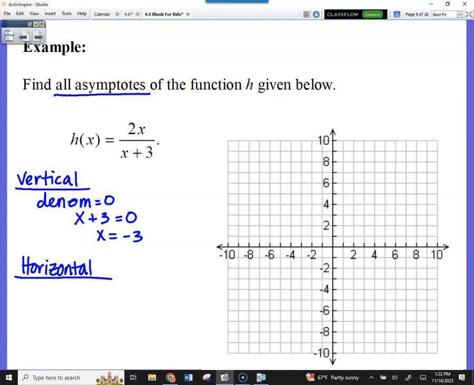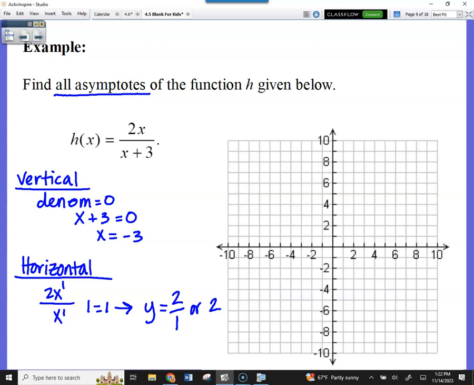I like procedural steps because that helps me build conceptual fluency. So I pull 2x, pull x, and I say to myself, that's a 1, that's a 1. 1 equals 1. Then it is the ratio of the leading coefficients. That is a 2 over a 1. What is 2 over 1? 2.